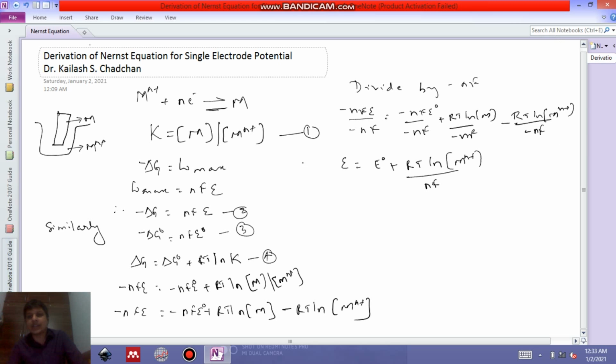Here, at standard conditions the concentration of metal will be taken as 1 M. So this term will become 0 because ln of 1 is 0. So we ultimately get E equals E naught plus RT ln concentration of Mn+ divided by nF.